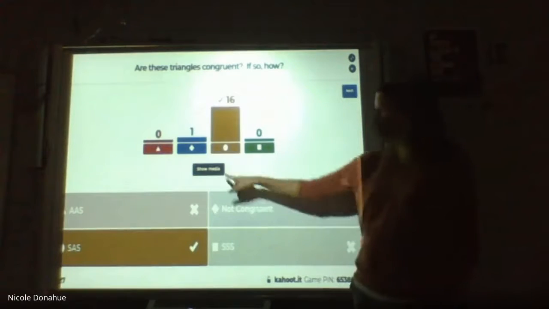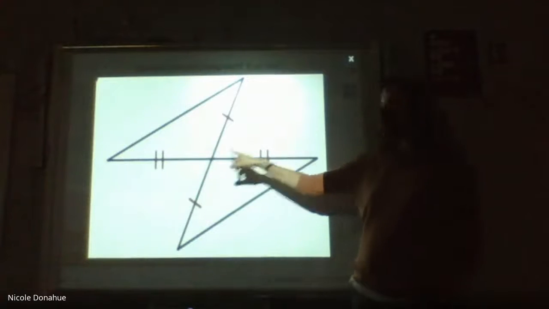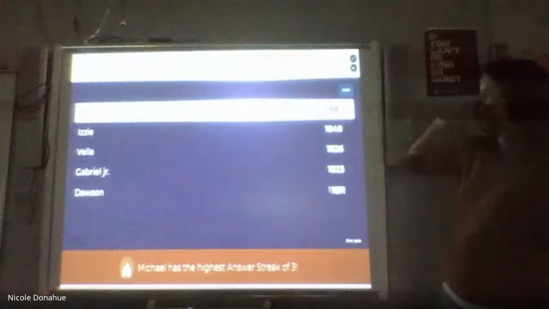All right, so the angle is that shared angle, the vertical angle there. Sorry, I should call it a shared angle.